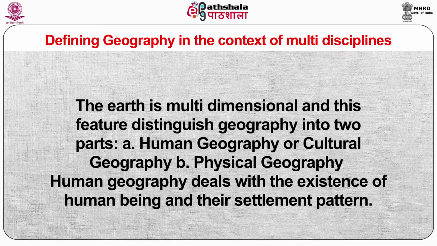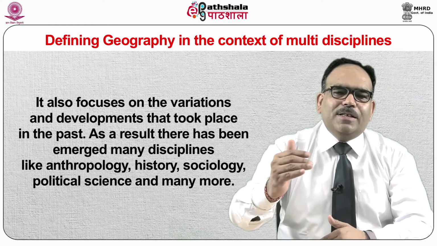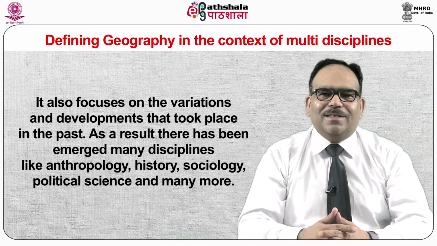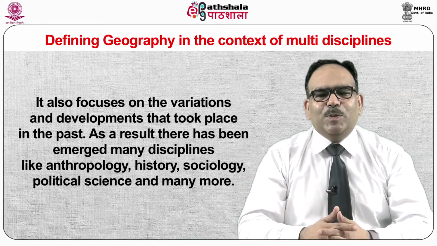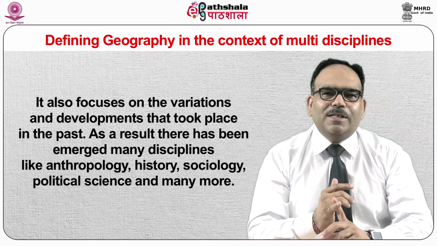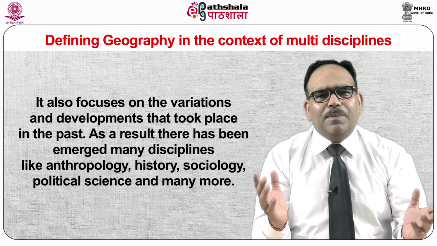Human geography deals with the existence of human beings and their settlement pattern. It also focuses on the variations and developments that took place in the past. As a result, many disciplines have emerged, like anthropology, history, sociology, political science, and many more.